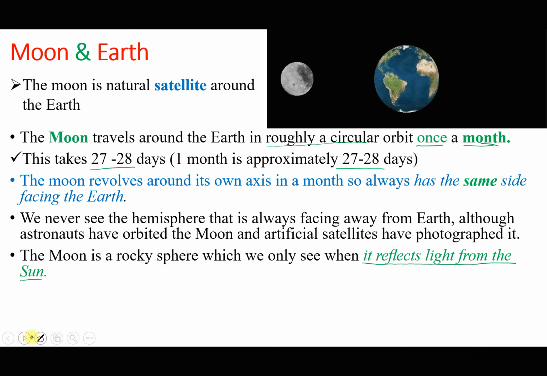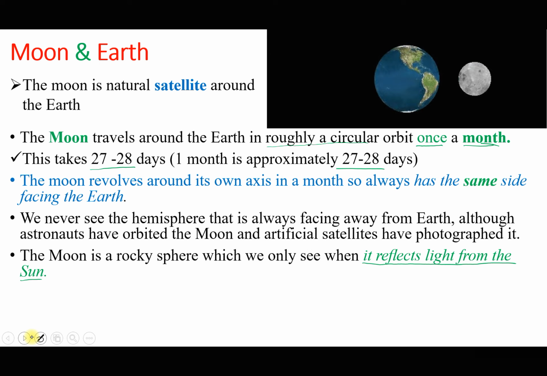But when the Earth comes in between the sun and the moon, the shadow of the Earth is going to be covering up the moon. We don't actually see it. But if that is not happening, we see a full moon.